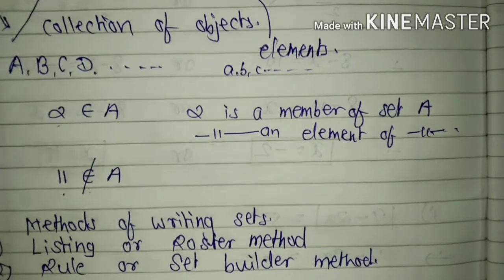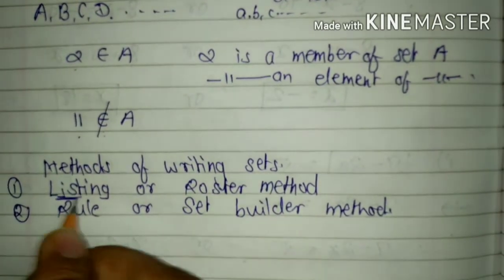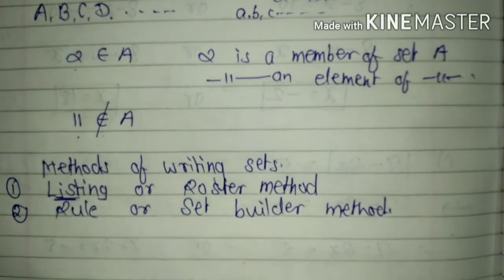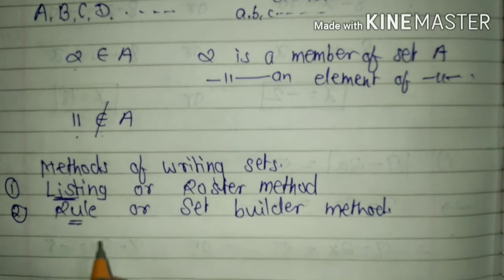Now let us see the meaning of these two terms. In the listing method, there is a list of the elements, and in the rule method, a rule or a formula is given.